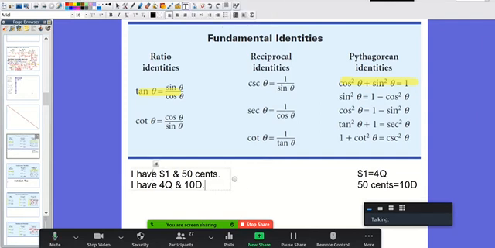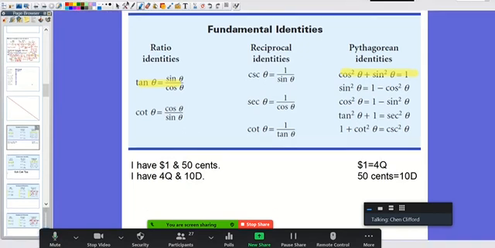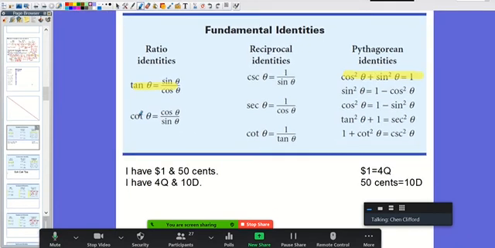If I teach you this top yellow highlight, you know these pink highlights, and these, believe it or not, you pretty much already know.